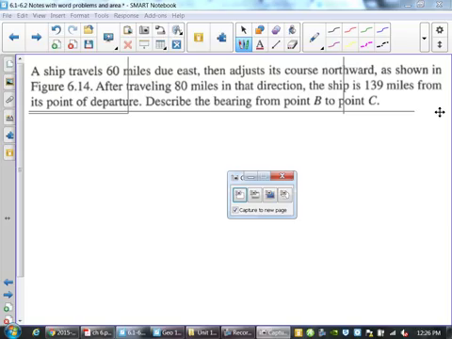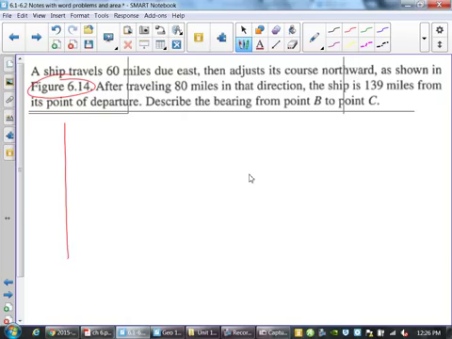So they actually give you this picture, and what I want you to see when you're looking at it is basically you start, if this is your north-south, east-west, I think I just gave away which direction due east is.